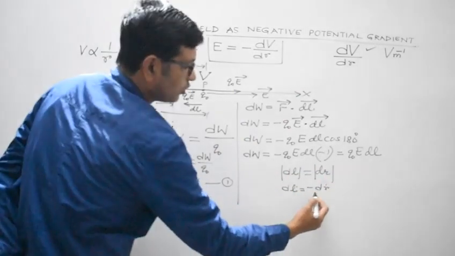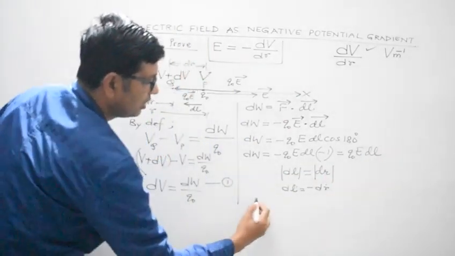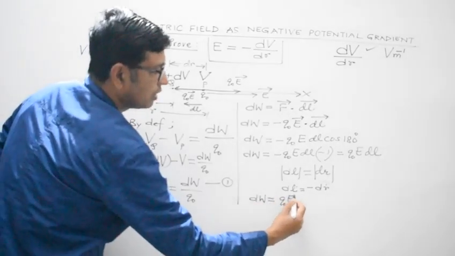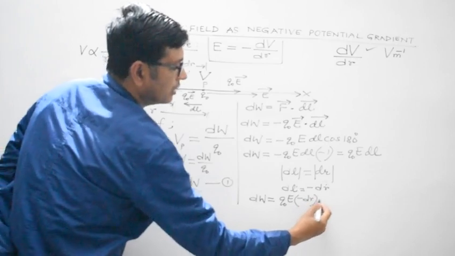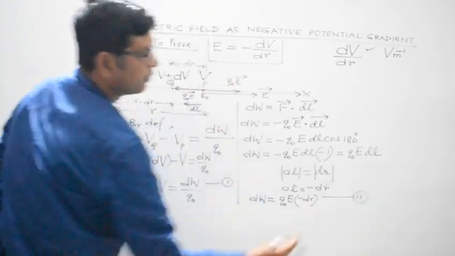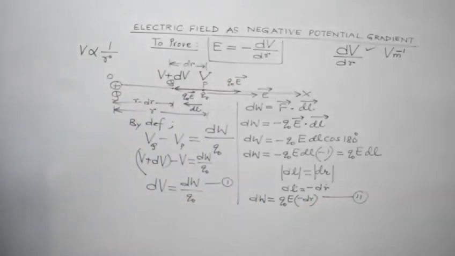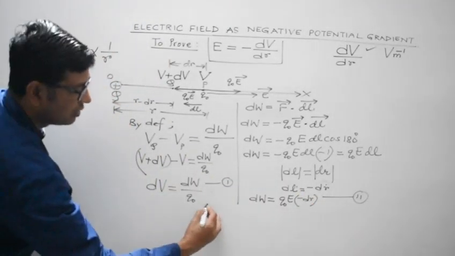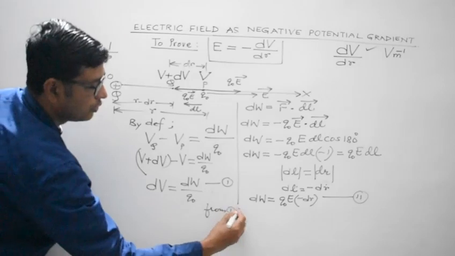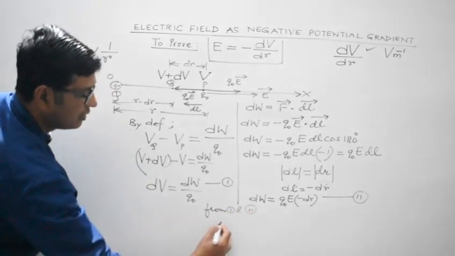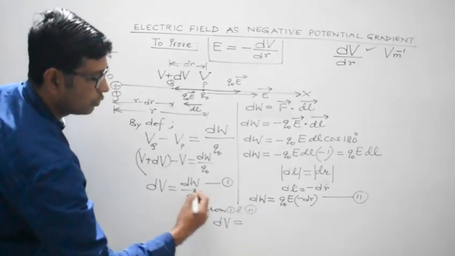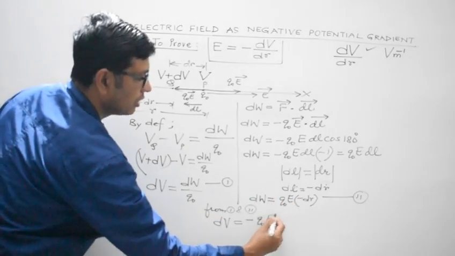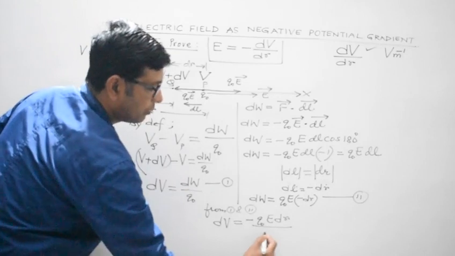So if you substitute the value of dl over here, what you get is dw is equal to q naught E into minus dr. Right? Put this as equation 2. Now simply substitute this value of dw over here. What you get is, from 1 and 2, we get dv is equal to, in place of dw you can write minus q naught E dr divided by q naught.